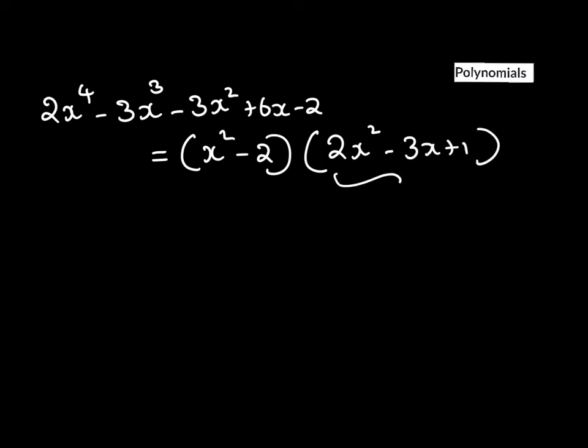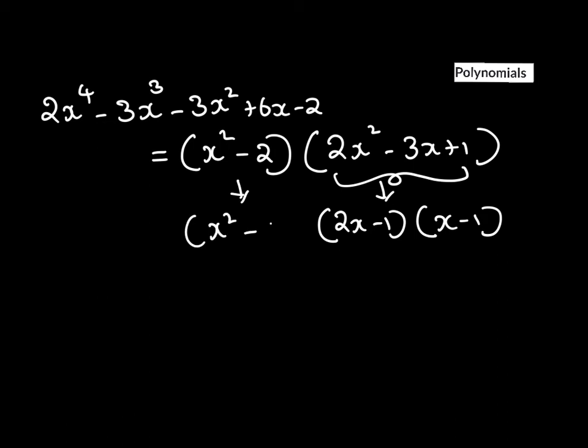Now, this is a quadratic polynomial. We can factor this polynomial by splitting the middle term, which we have already studied how to factor. The factors of this, when you split the middle term, will be (2x - 1)(x - 1). And of course, we will write down x^2 - 2 as it is.